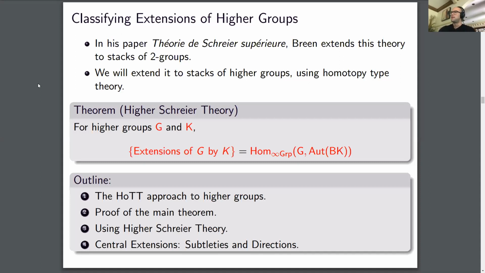So this is the plan of the talk. We're going to recall what a higher group is. We're going to see a proof sketch of the main theorem. We're going to go through a few corollaries, and then we're going to talk about central extensions. The subtleties and directions part, I actually cut from the talk.